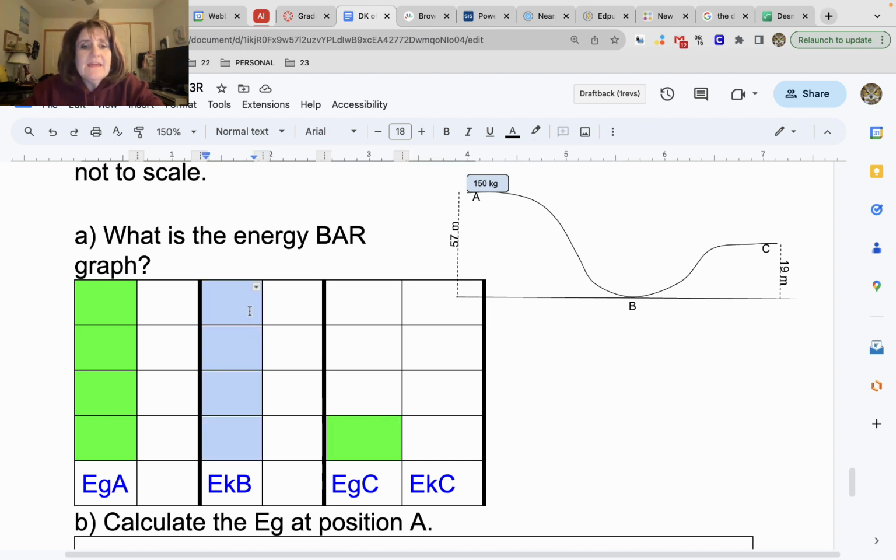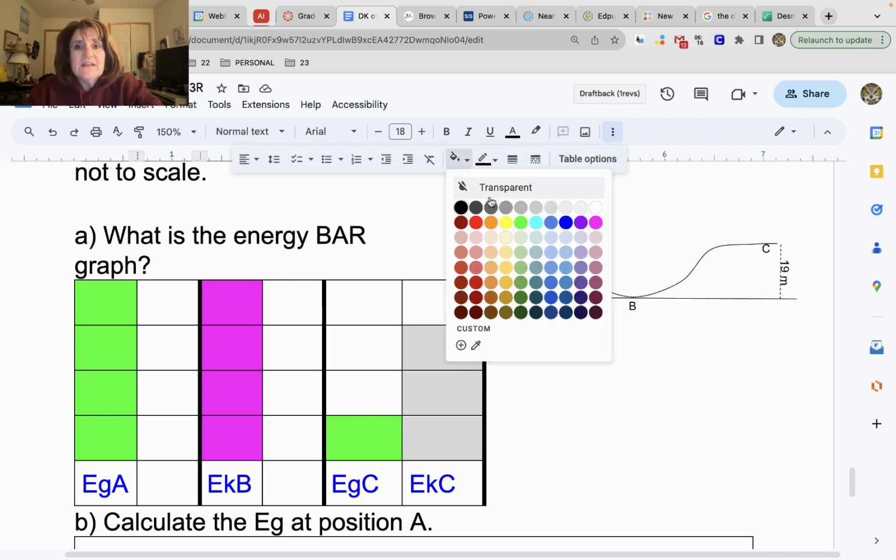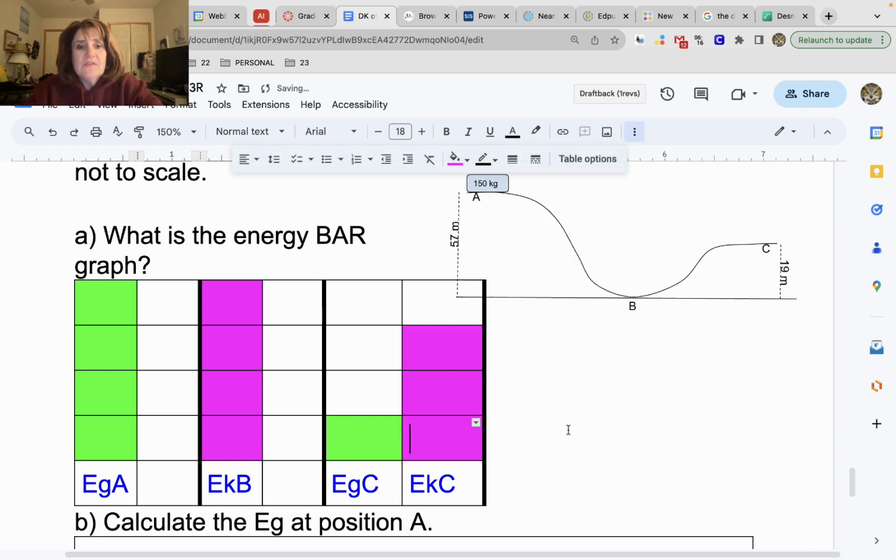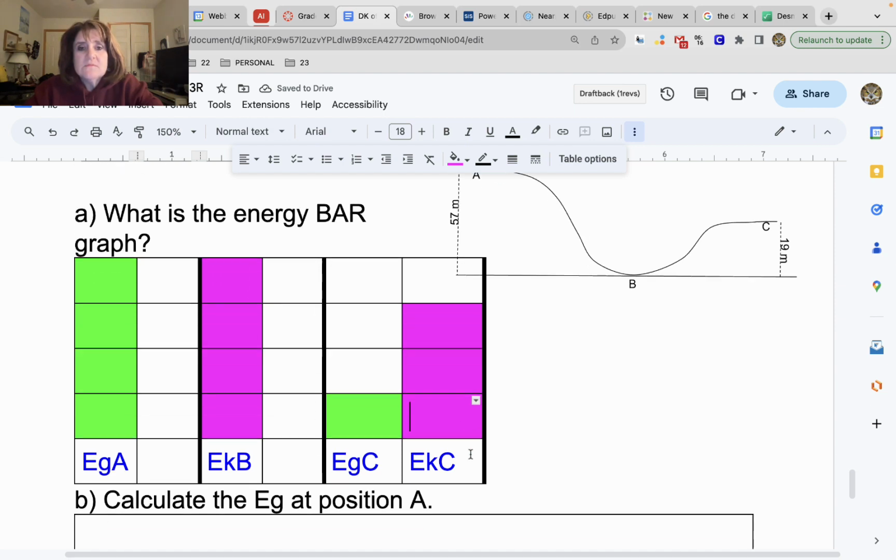The EK at B, and you know I like to use different colors, right? And the EK at C, because if EG is 1 there, it must have a kinetic energy of 3, so that each location has a total of 4.